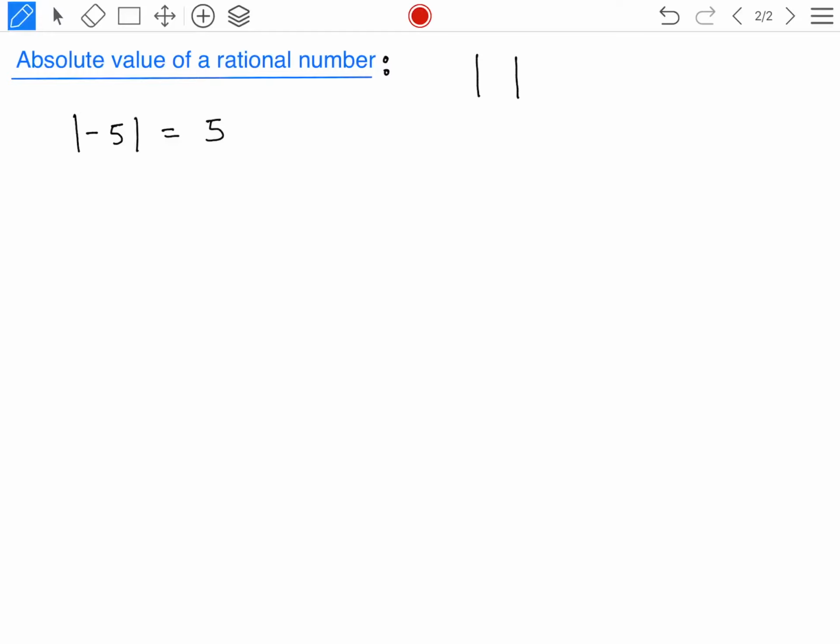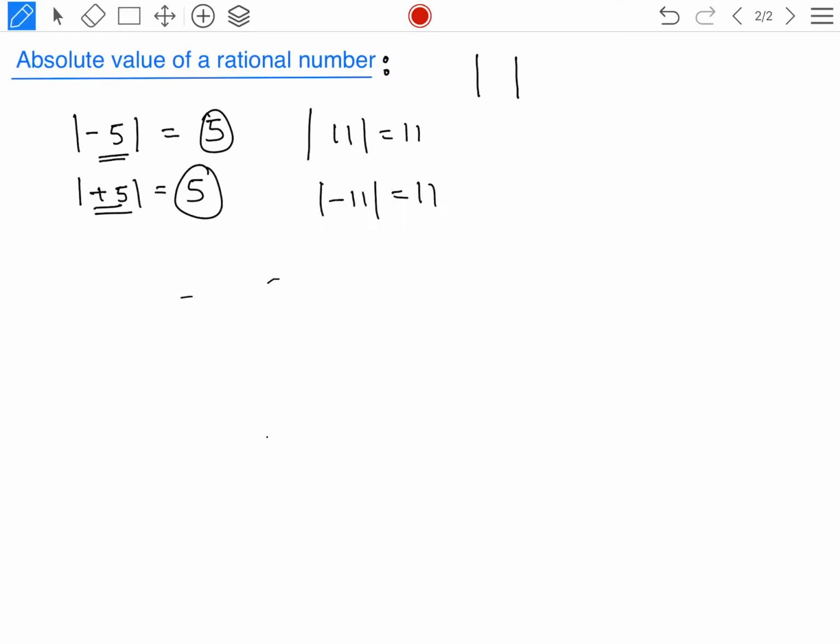Again, if it is given for plus 5, it will become 5. One is minus 5, absolute value is 5. Then one is plus 5, absolute value is 5. Any number, suppose 11, absolute value will be 11. Minus 11, then absolute value will be 11. Understood? So this is the concept.